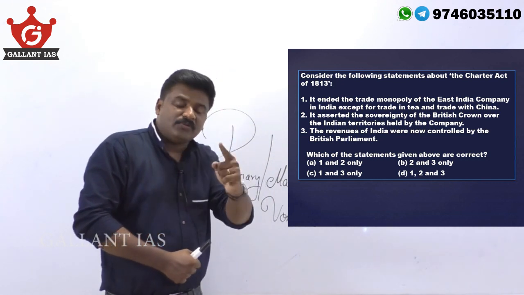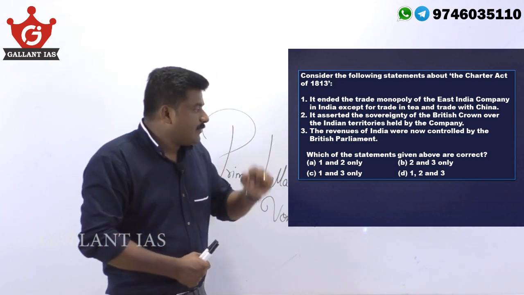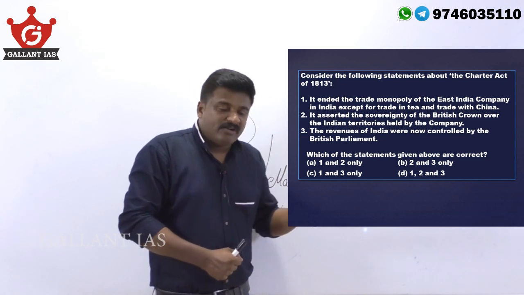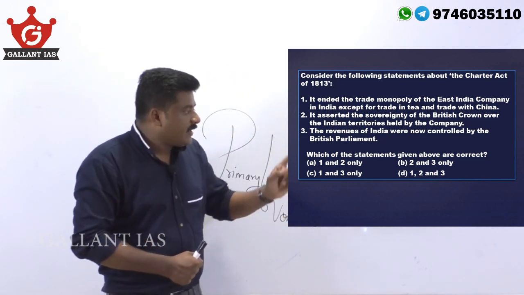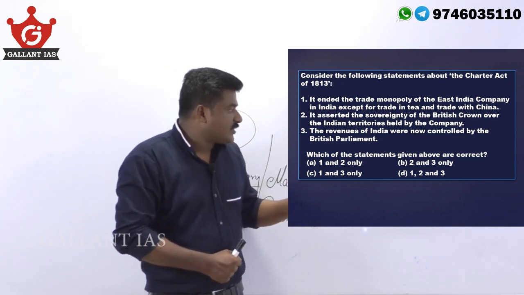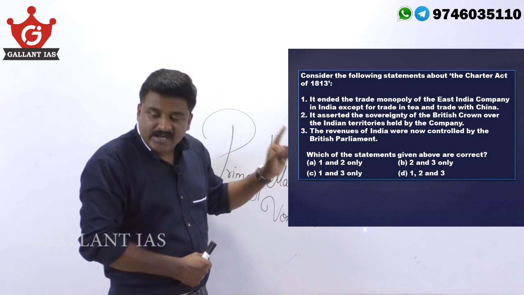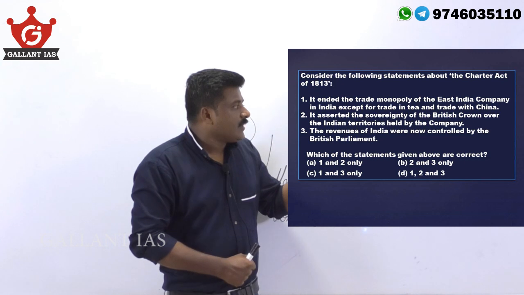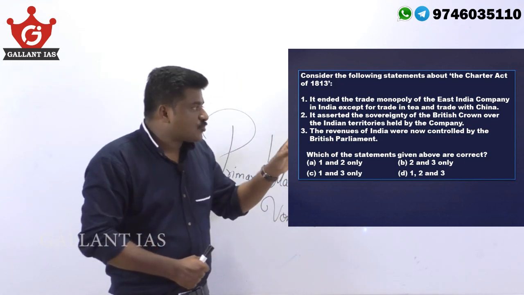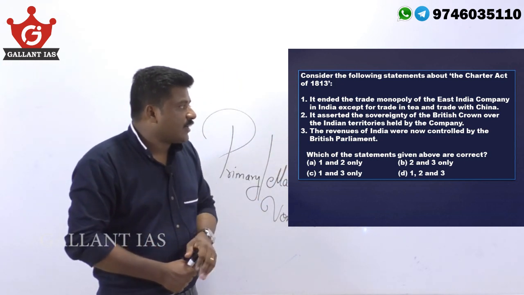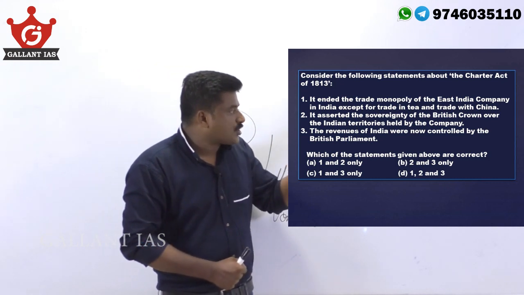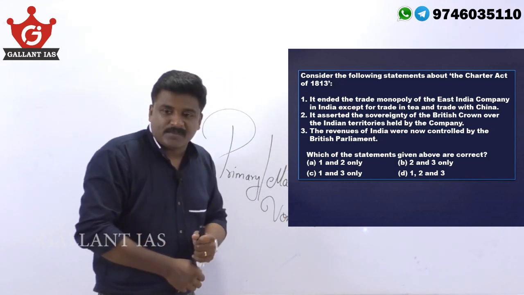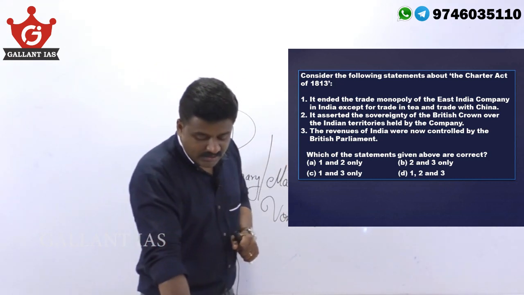So if you know this statement, definitely you can eliminate the choices. B will be eliminated, C will be eliminated, D will be eliminated, and definitely your answer will be A, 1 and 2 only. It ended the trade monopoly of the company and it permitted trade in tea and trade with China. It asserted the sovereignty of the British Crown over Indian territories held by the company. Okay, so A will be your answer.